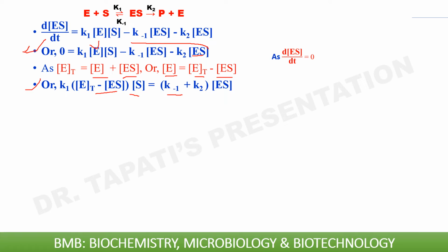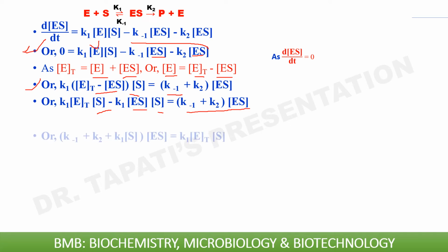In both cases ES is there, therefore we are writing it this way. Now see, K1 into ET into the concentration of S minus K1 into the concentration of ES into the concentration of S is equal to (K-1 plus K2) into ES.